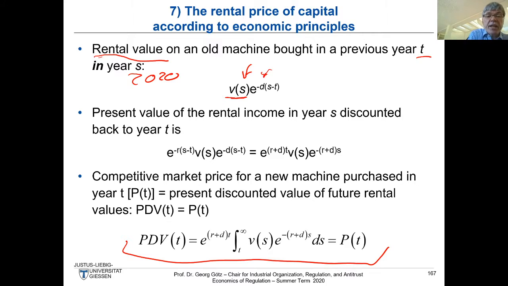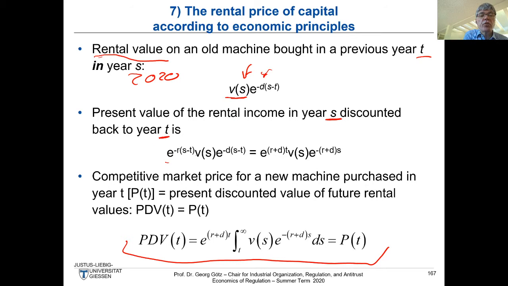Okay, but then we also always have to know, from the viewpoint of when I buy this machine, what would be the income stream in the coming years. So what we have to do is, starting in year T, what would I earn in year S? And that's just what I do here.